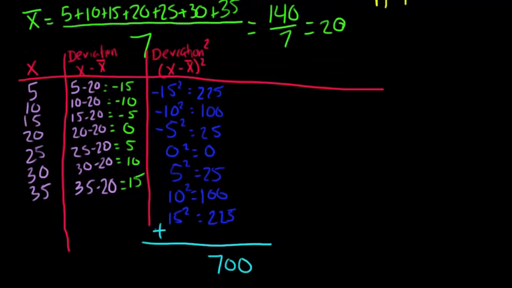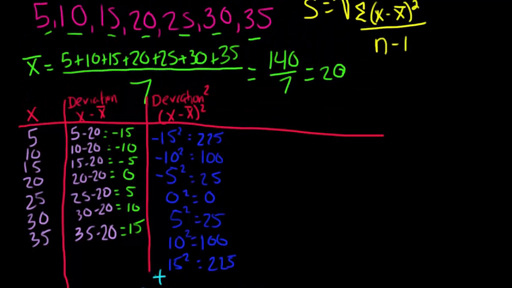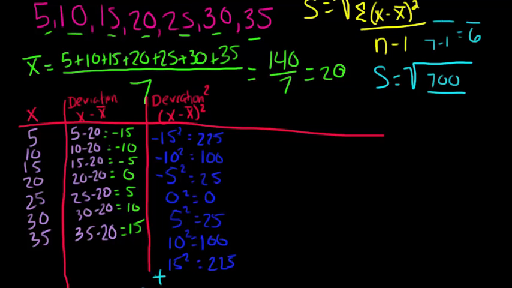So we'll go back up to our equation and say the standard deviation is equal to, so we know that the sum of x minus the mean squared is 700, and n minus 1 is 7 minus 1, which was 6, so it's going to be all over 6.